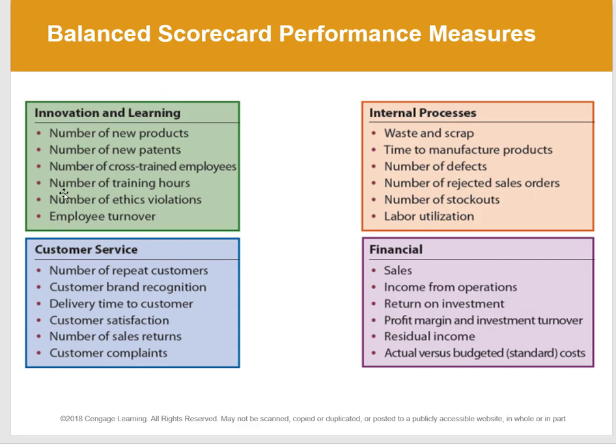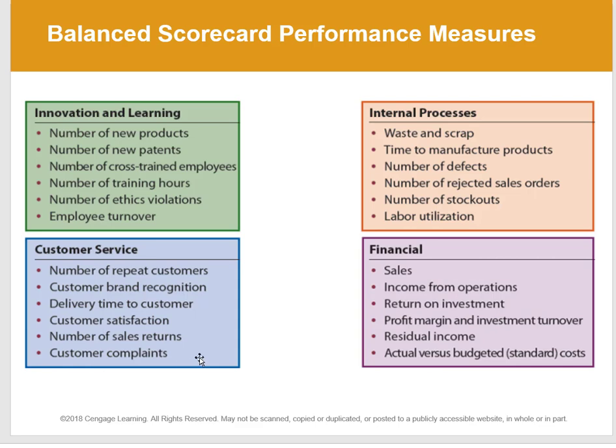Okay, these are all related to innovation and learning. Customer service measures: number of repeat customers, customer brand recognition. So you literally get a clipboard and stand in a parking lot and say, have you ever heard of this? Okay. Delivery time to customers, it's really important. Customer satisfaction ratings, the number of sales returns, customer complaints.